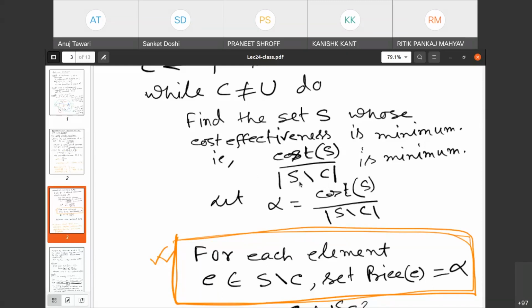So it is for that reason that we are including S minus C, which are the newly covered elements in this set.